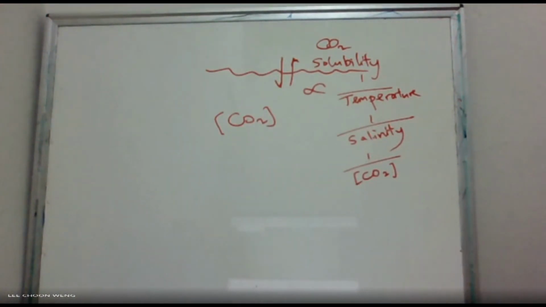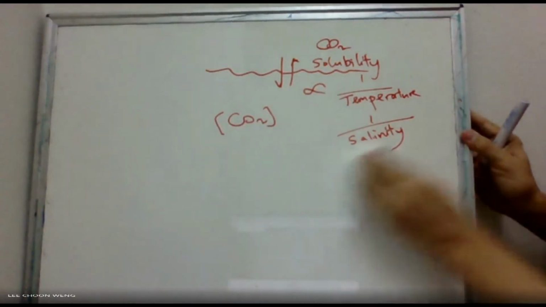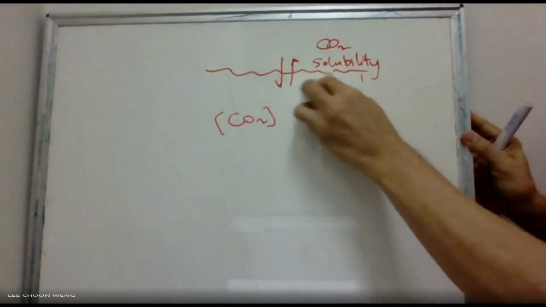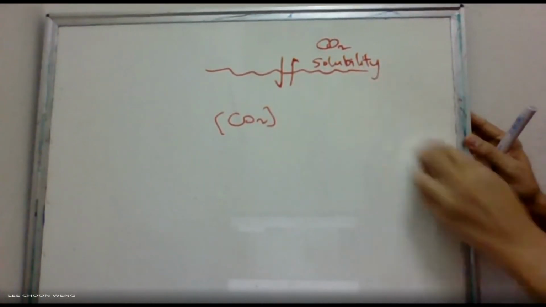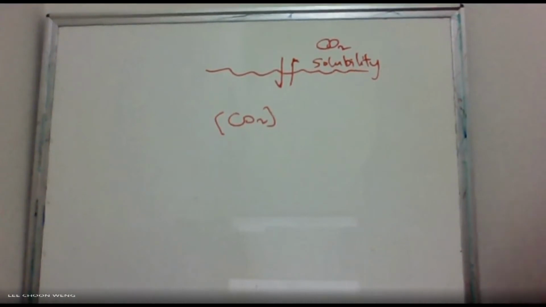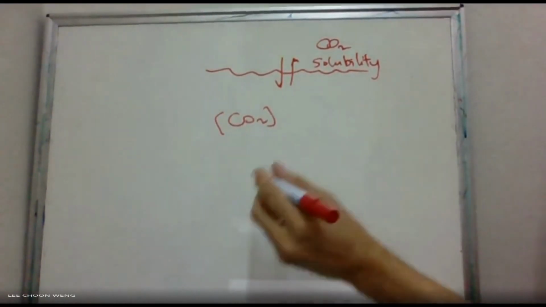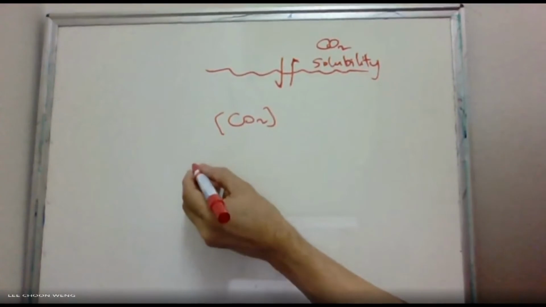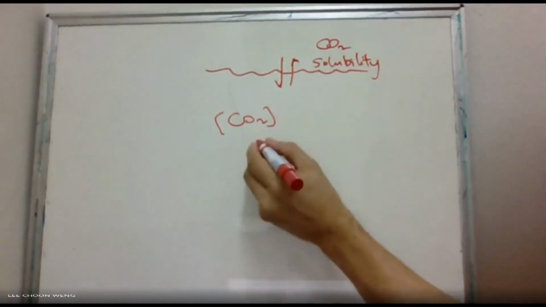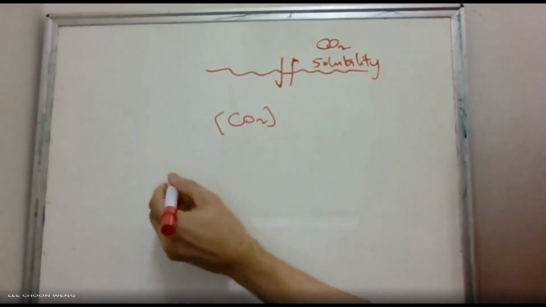Okay. But what affects the concentration of CO2? So for the last part, what do you think affects the concentration of CO2 in the seas? So mainly related to two processes. One will be, of course, your photosynthesis.